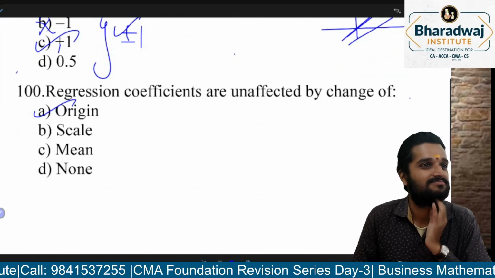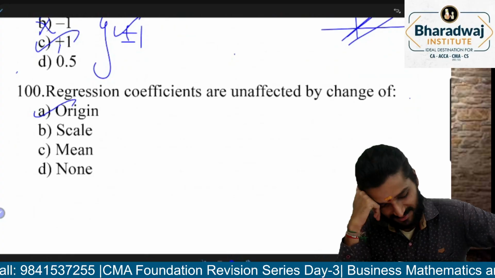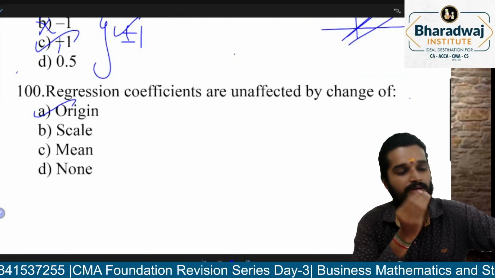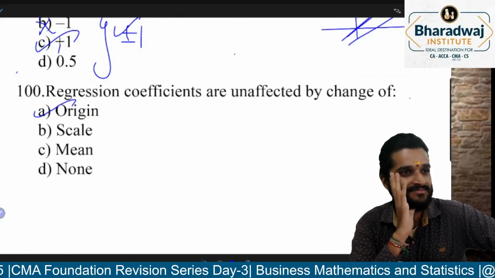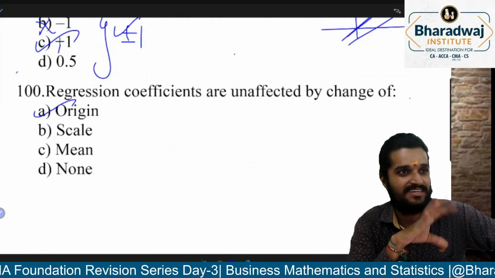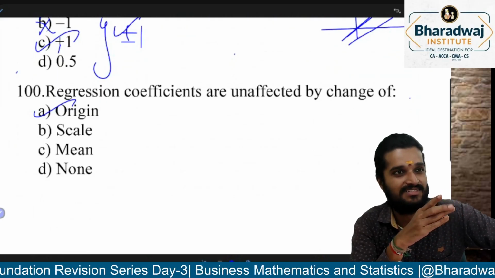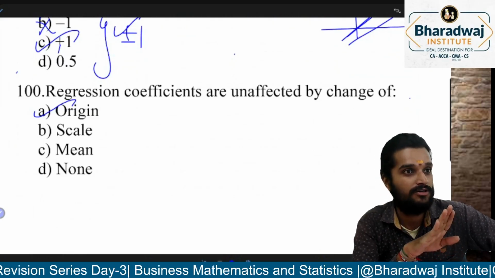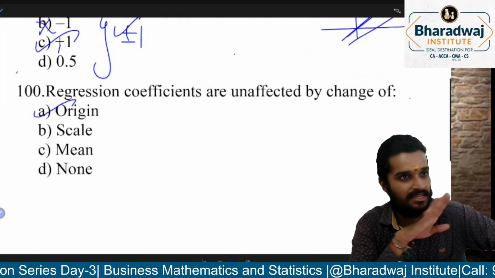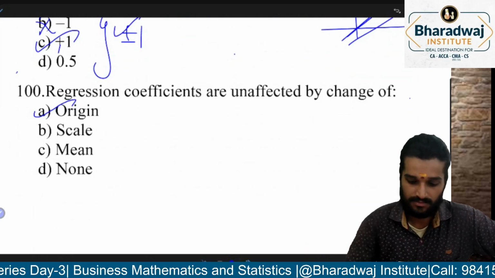Those are simple, feeble chapters. Just apply the formula and you will get the answer. I won't be teaching sums for time series and index numbers. I will give you the formula, apply it, and that is the answer. Nothing else is given in that chapter.